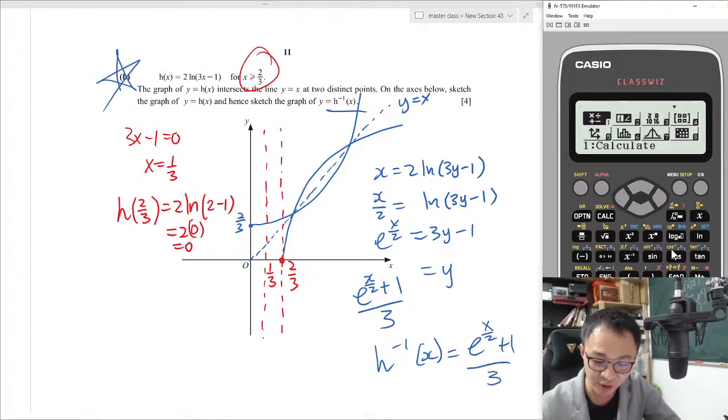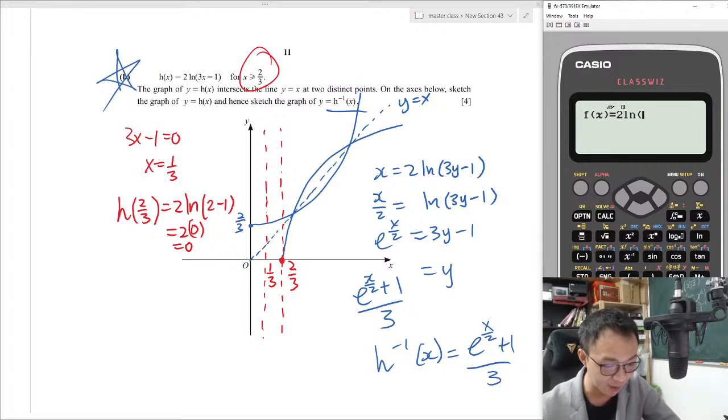What I want to do is go into this calculator and look for a table. Then I insert both equations. This is 2 ln(3x minus 1). Then I insert the second equation, which is a bit weird here, but I just insert it: e to the power x over 2, plus 1, over 3.